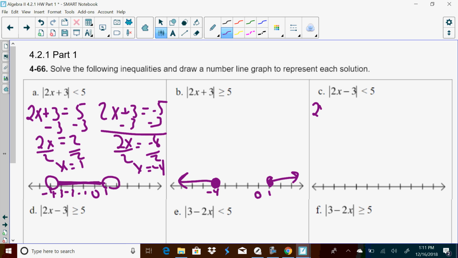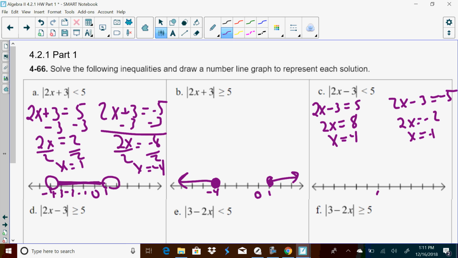So this one, you have 2x minus 3 equals 5, and 2x minus 3 equals negative 5. So we get 2x equals 8, or x equals 4. 2x equals negative 2, or x equals negative 1. So it's an open circle. Open circle.